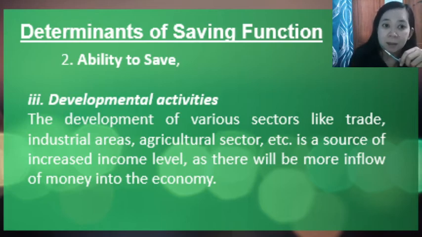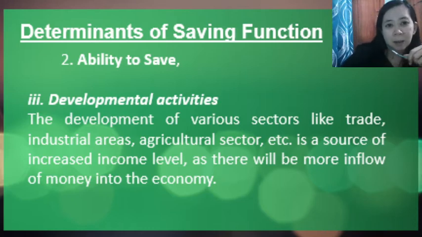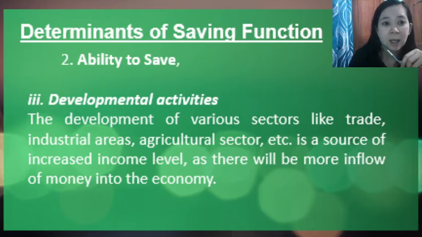Okay, so the next factor for the ability to save is the developmental activities. What are the developmental activities? This is related to the various sectors like trade, industry or industrial areas, the agricultural sector, and the like.